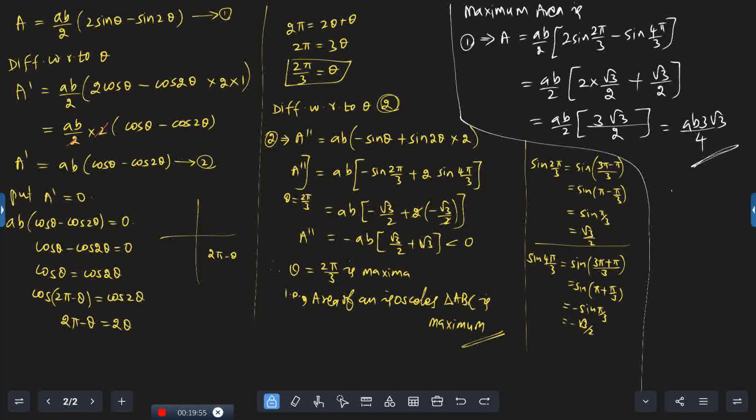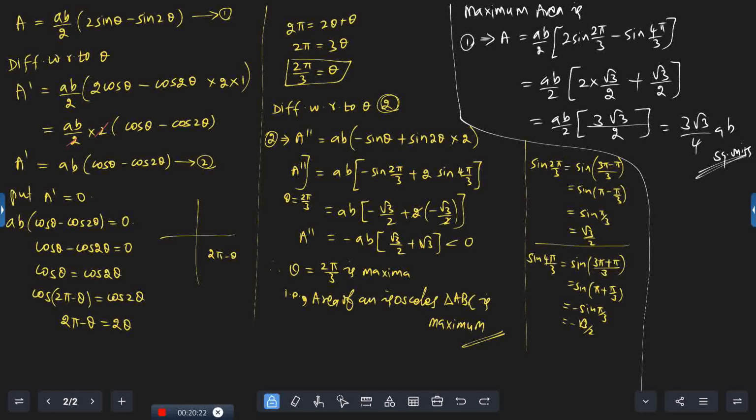Or else we can write this as 3 AB root 3 divided by 4. Is it the book-back answer? AB they give separately, right? So 3 root 3 by 4 into AB, in square units because it is area.